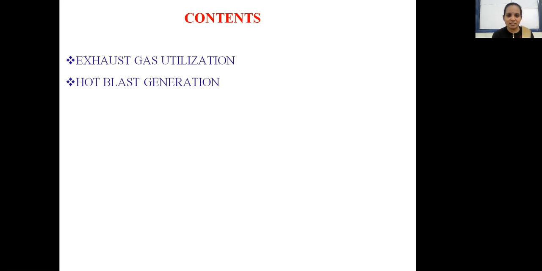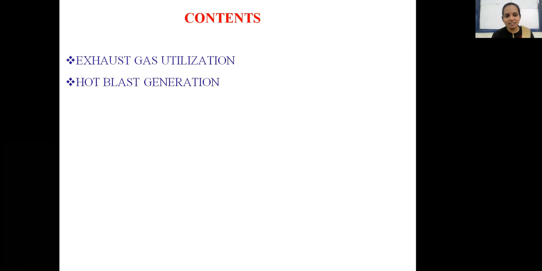What is this exhaust gas? This exhaust gas comes out from the blast furnace, when coke burns to form carbon monoxide, carbon dioxide, nitrogen, hydrogen.